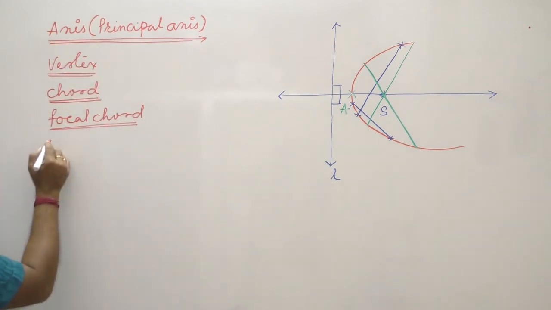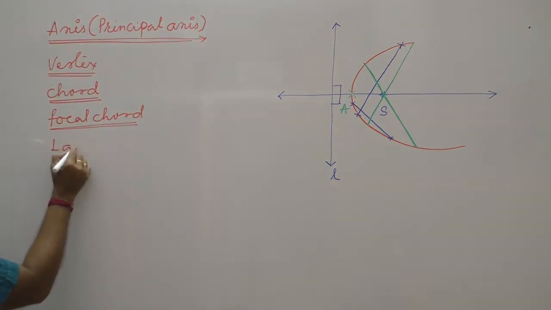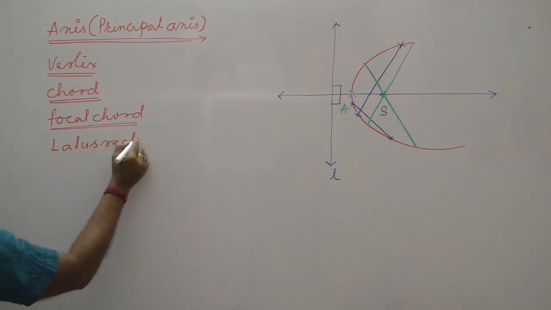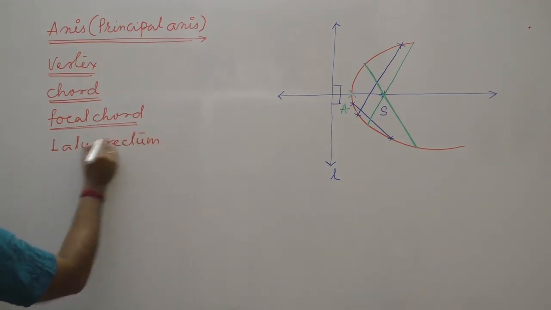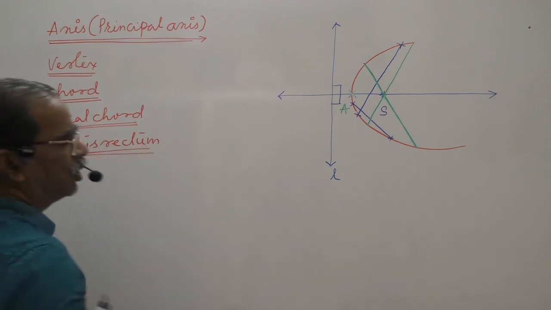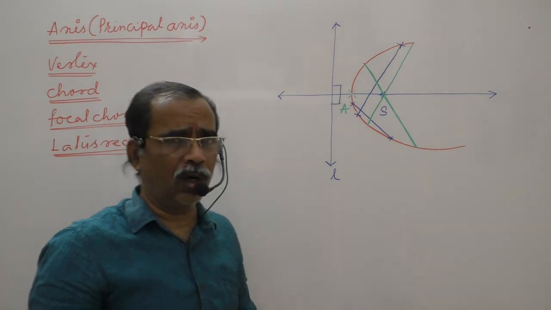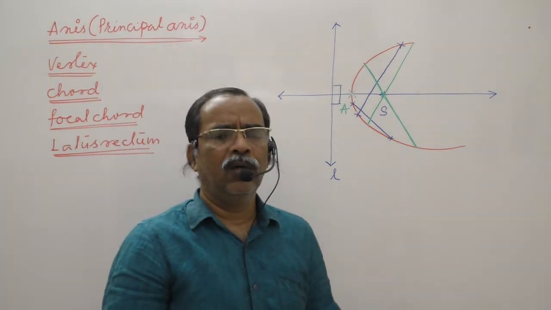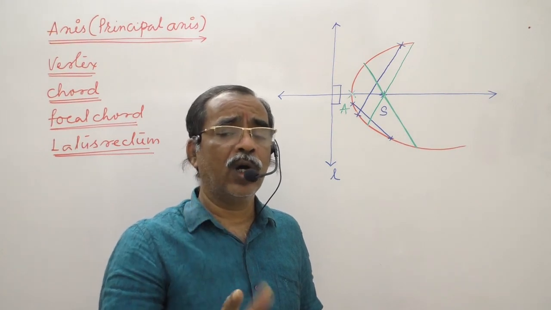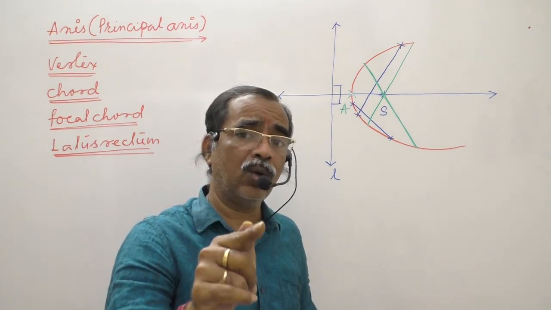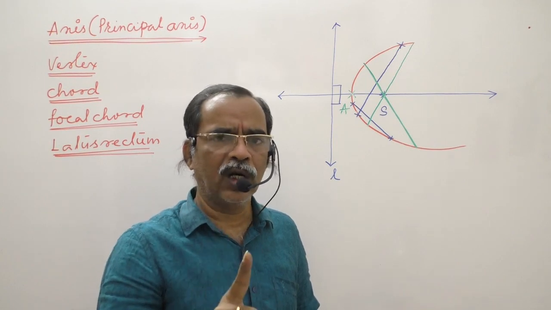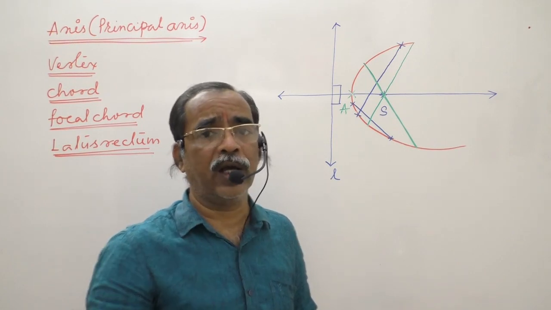Next term, latus rectum. Next definition. What is a latus rectum? These are all most important. A latus rectum is a focal chord perpendicular to the axis.